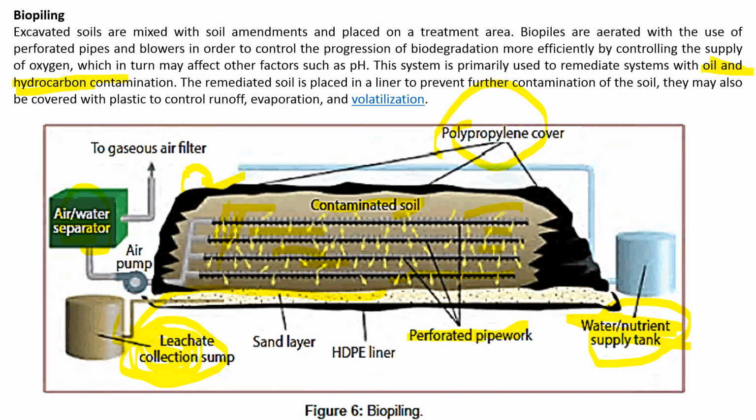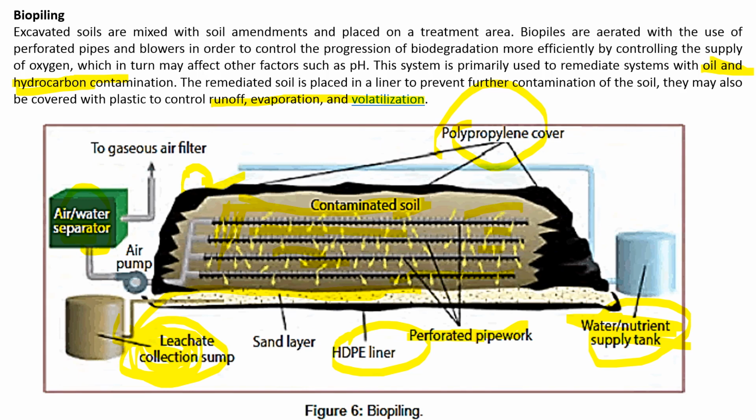You can see that this whole pile of soil is closed with an HDPE liner and a polypropylene cover because they want to stop runoff, evaporation and volatilization. Once the soil is piled up, it could be affected by elements of nature like rain and wind, and you cannot afford the soil to be transferred from one place to another.